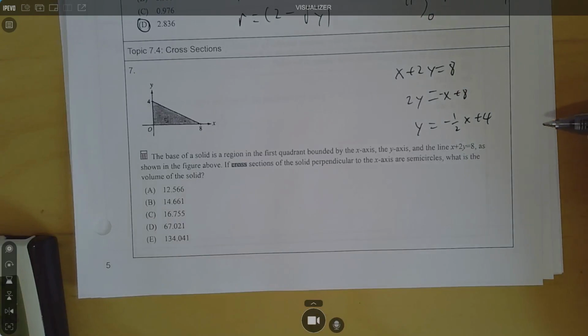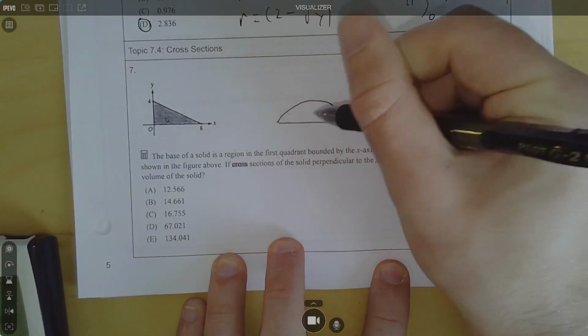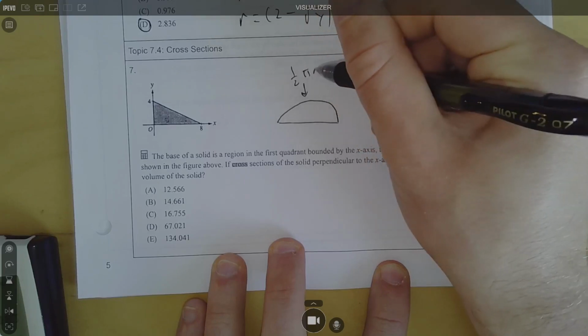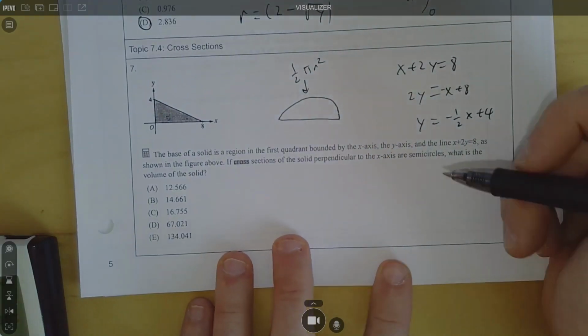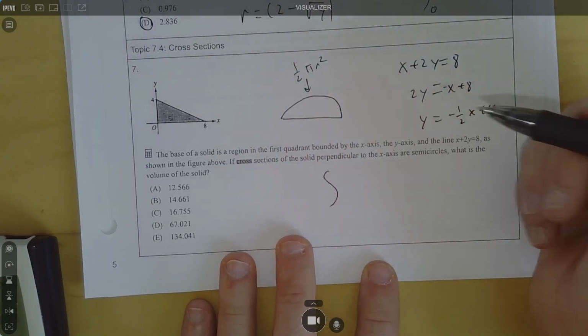And so we want semicircles. So a semicircle is like this, and so the area of that is 1/2 pi r squared. So when we write our integral, you can memorize it's 1 over 8, but I'm just going to write it from scratch.